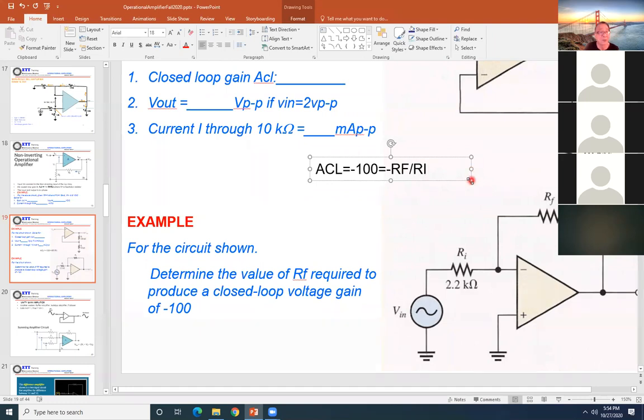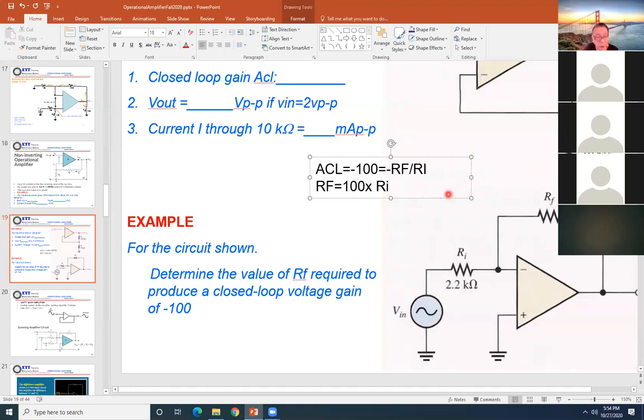Okay, and now what do they want? They want RF. So what does RF equal? Negative 100 multiplied by 2.2K. Do I divide? No, multiply. Multiply by RI, right? Yes. Okay, RI.